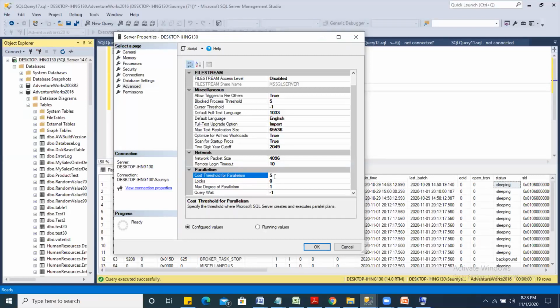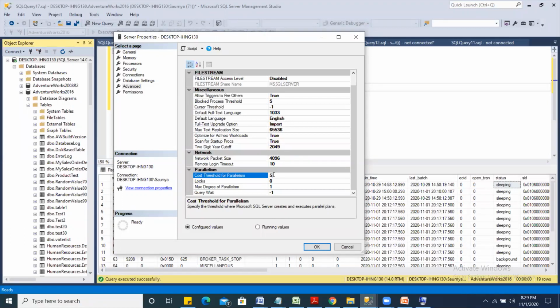It should be between 20 and 30 for best performance in your environment. 20 to 30 you should set, because when the total cost of all operators that appear in your execution plan, I will show you, goes beyond 5, your query will qualify for parallel plan generation.